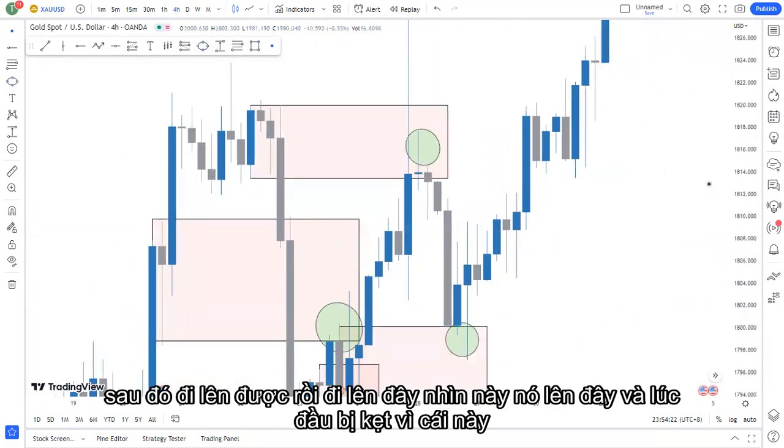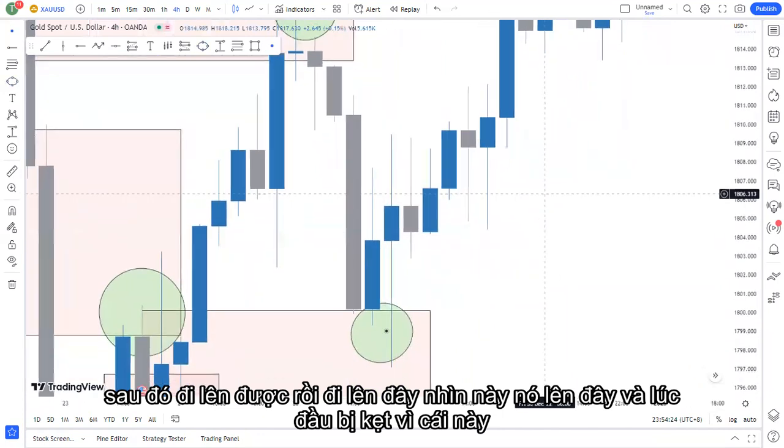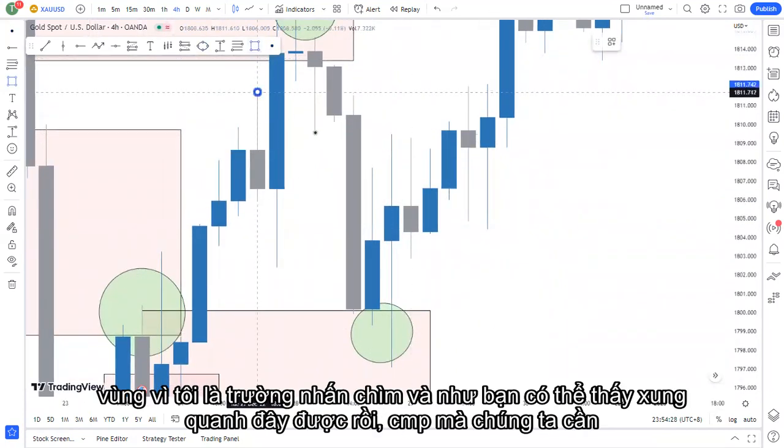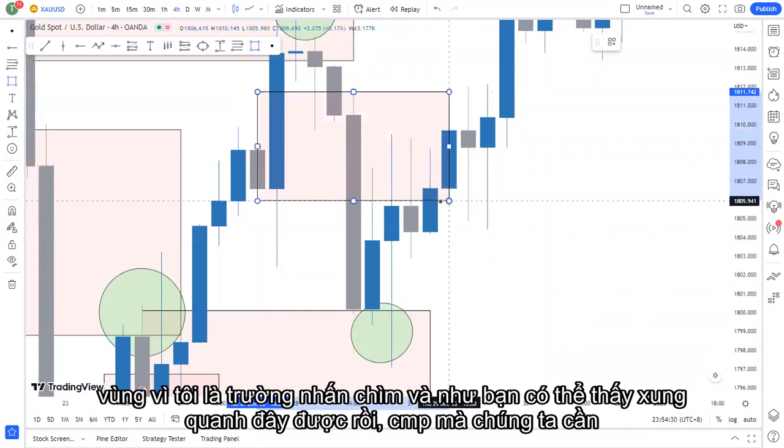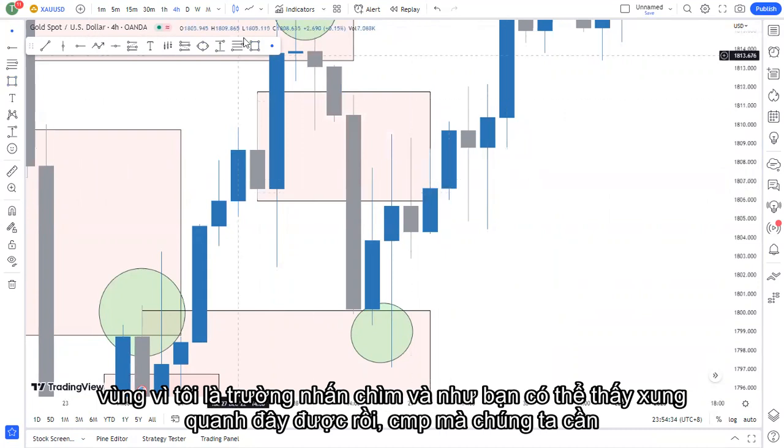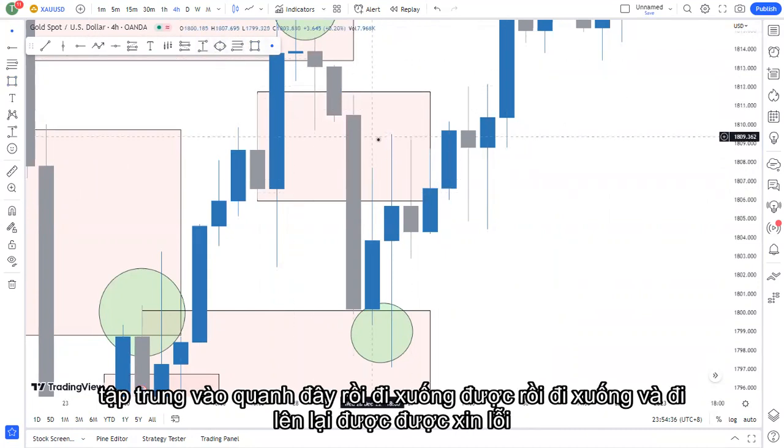Look at this. It went up here and stuck at first because of this zone, engulfing sell. And then as you can see around here, the CMP that we need to focus on, and then went down and goes up again.